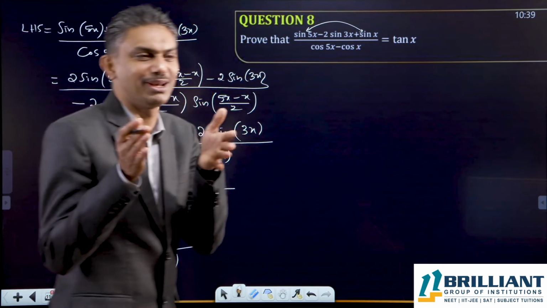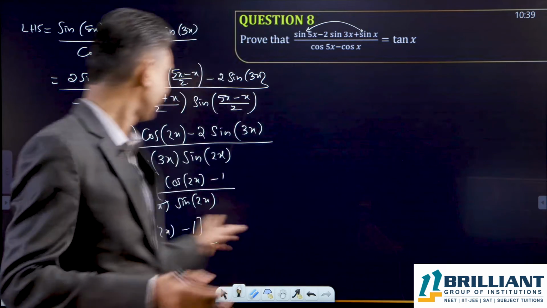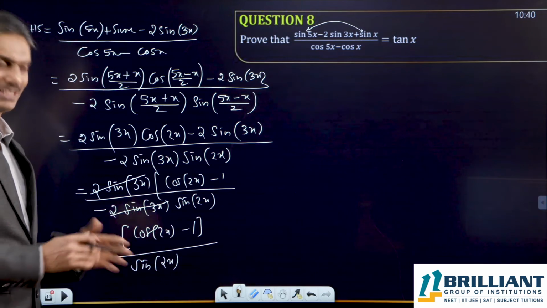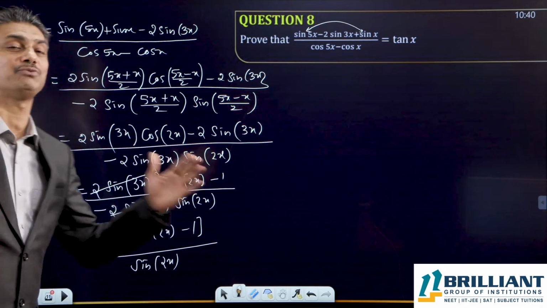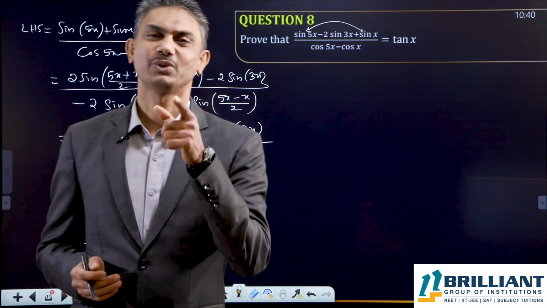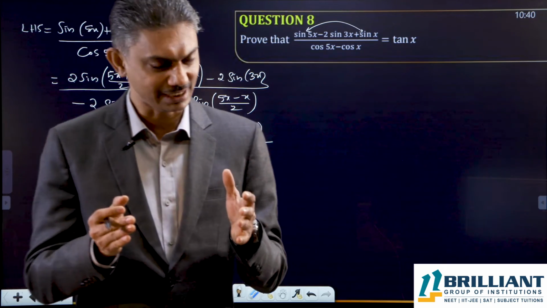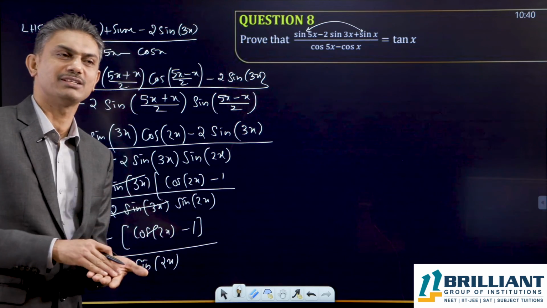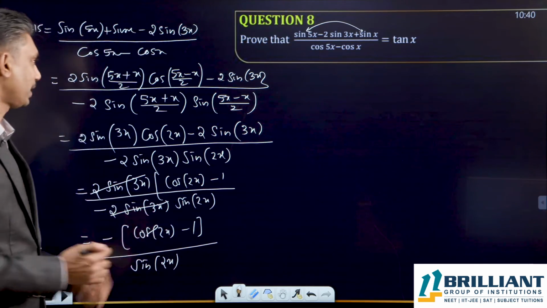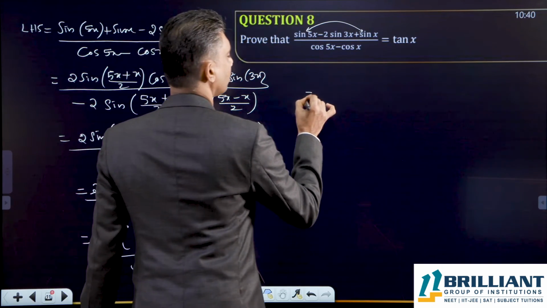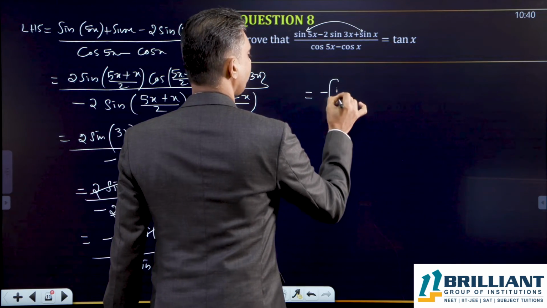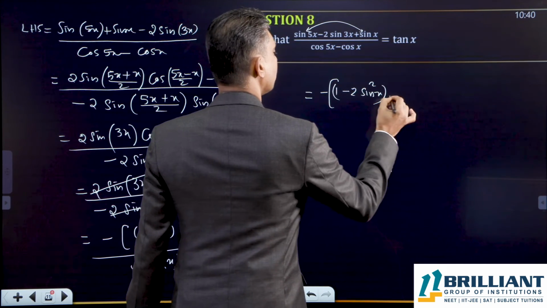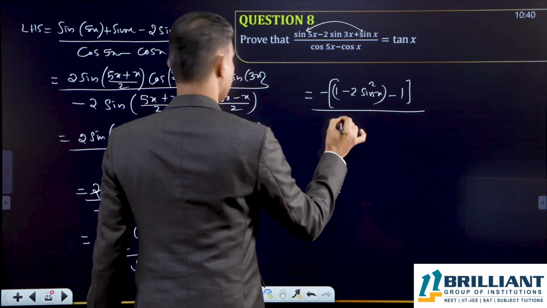Now, there are two ways. Those who studied the formula, if you take the minus inside, 1 minus cos 2x, there is a direct formula, 2 sin square x. Even if you have not studied, we have different formulas for cos 2x. Cos 2x is equal to cos square x minus sin square x, 2 cos square x minus 1, 1 minus 2 sin square x. So, if I apply that formula here, this is equal to minus (1 minus 2 sin square x minus 1) by sin 2x.